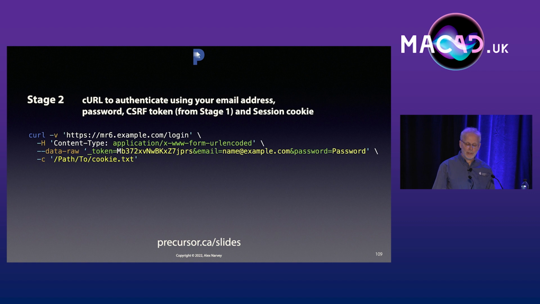Now that you have the CSRF token and the cookie, you can then curl to the login page a second time, but this time you supply your login credentials, that is your email address and password, plus the CSRF token and the session token, with the cookie that you captured in your cookie jar variable.